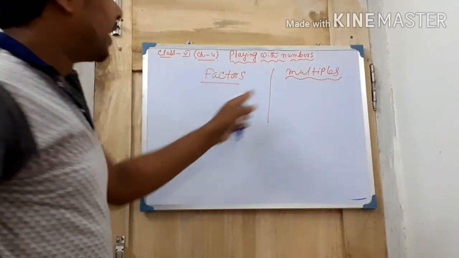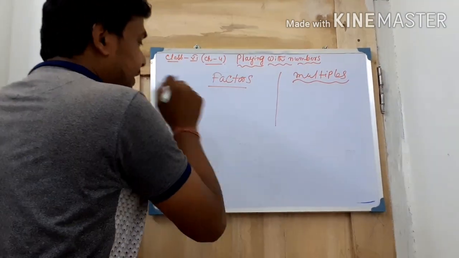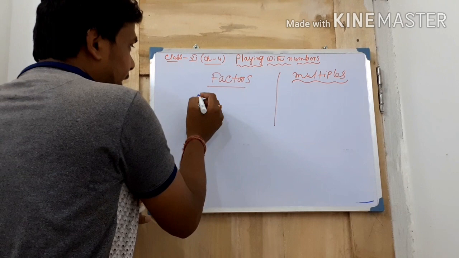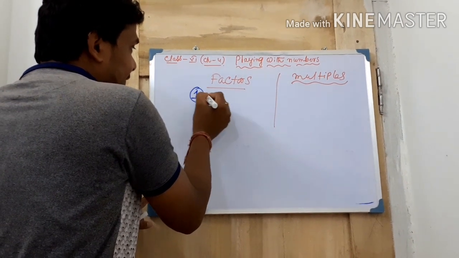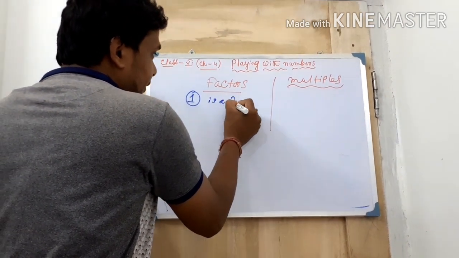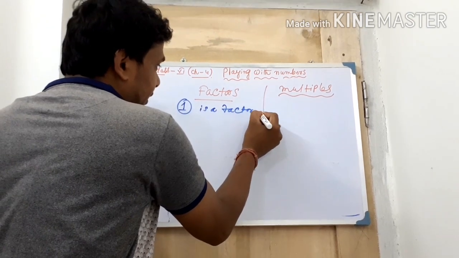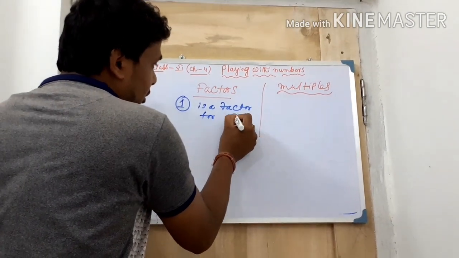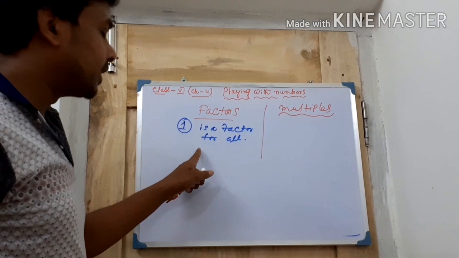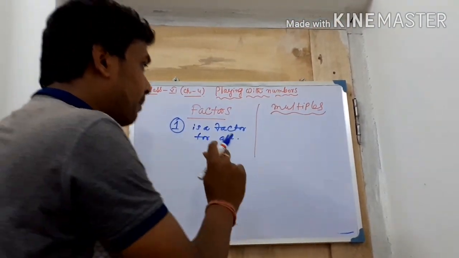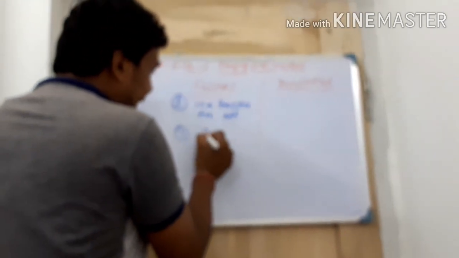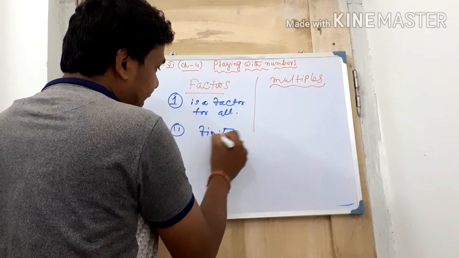In this case, first of all, you have to write that 1 is a factor for all, for any number 1 is a factor. Next, for multiples, you have to write down that the factors are finite.